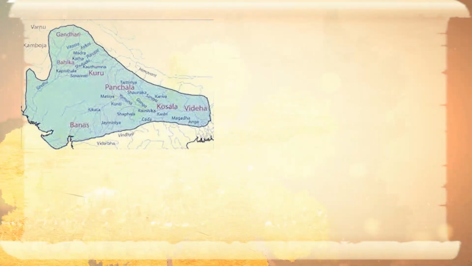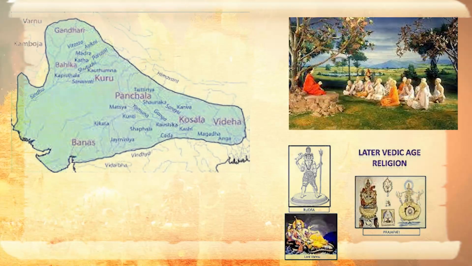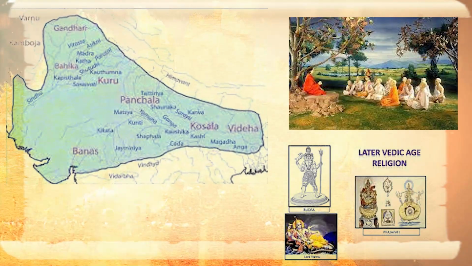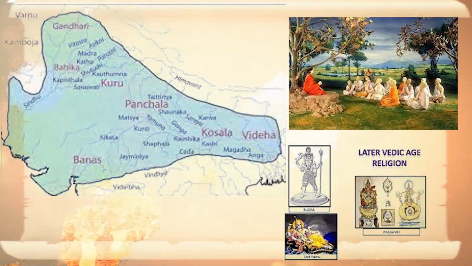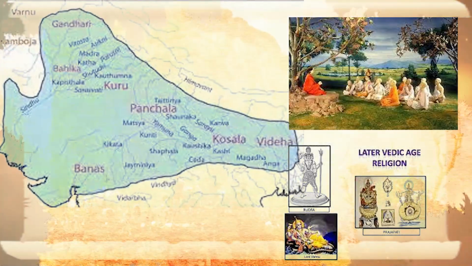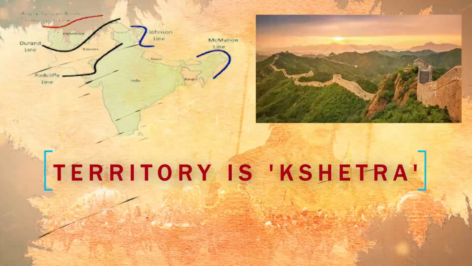In the Vedic period, gradually, as we know, various tribes, various lineages or clans began to settle down from a pastoral to an agricultural existence. As they were settling down, they came to be associated with particular territories. The word for territory is Kshetra.